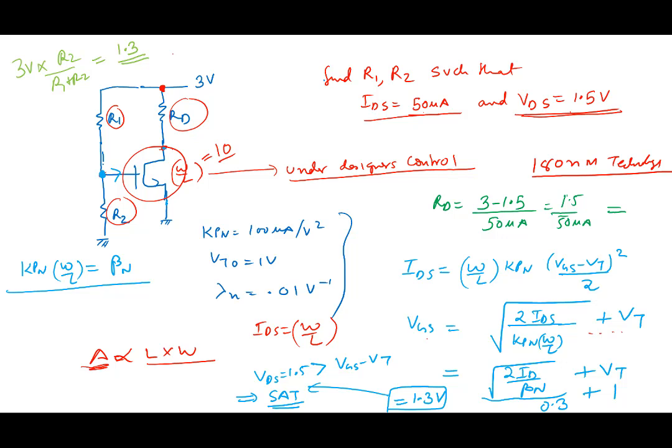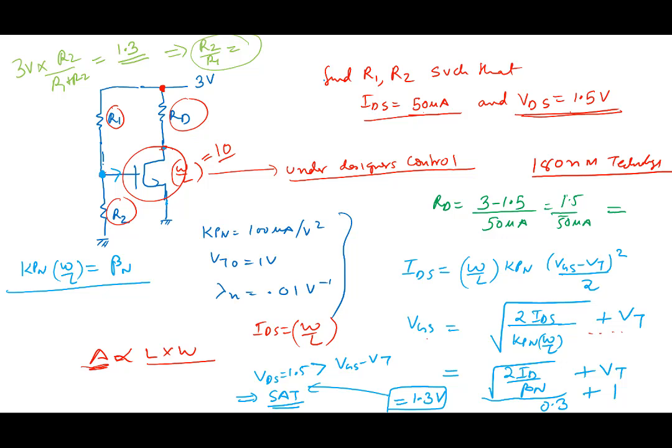From here, what you will be able to get is this ratio R2 by R1, or R1 by R2, whatever. So it doesn't give you the value of R1 and R2.